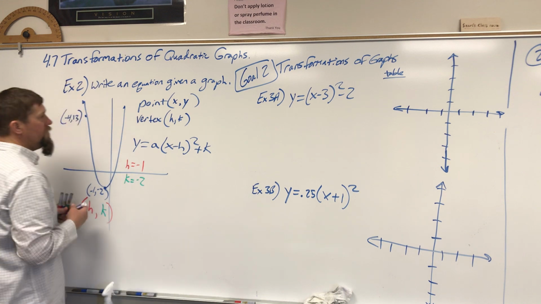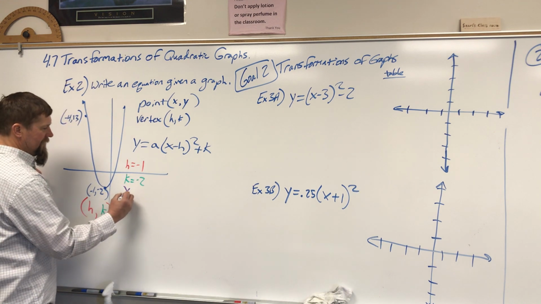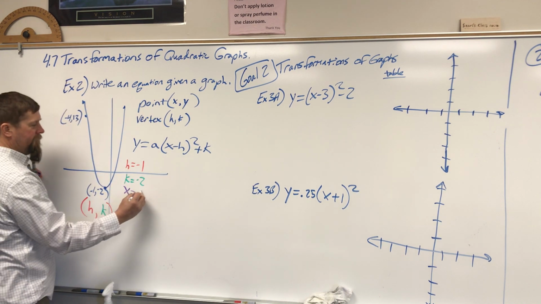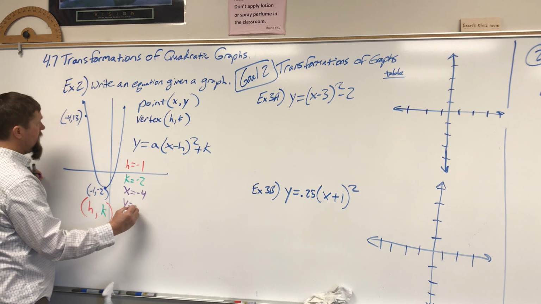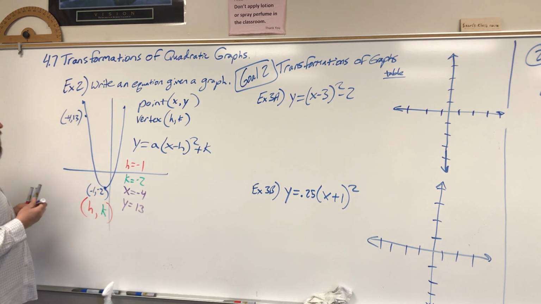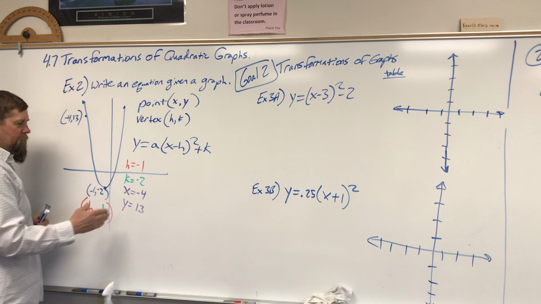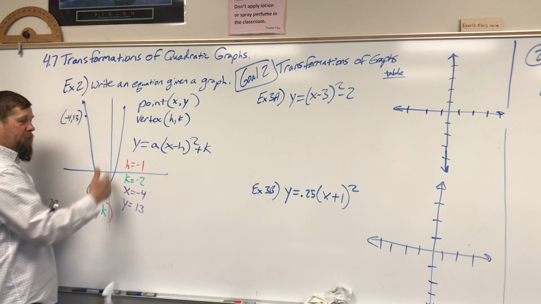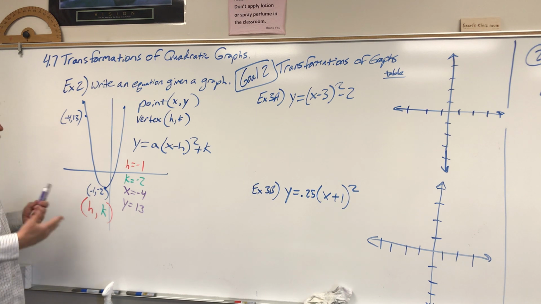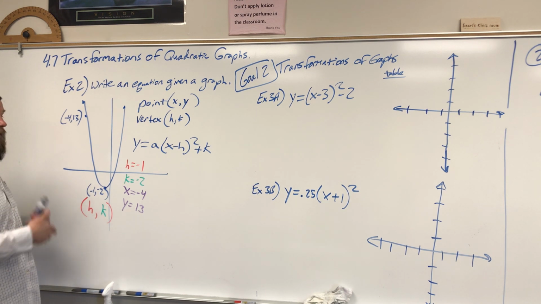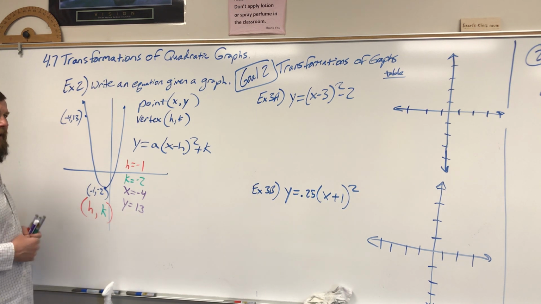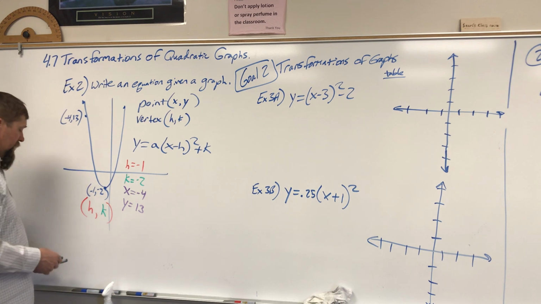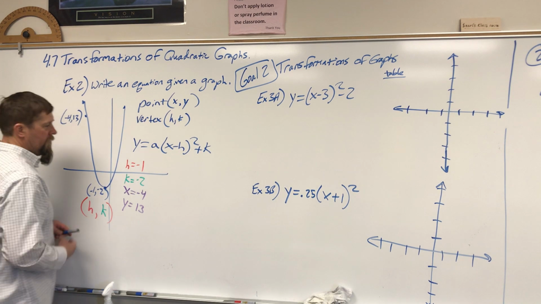However, we do know that x is -4 and y is 13. Now that helps us because there are 5 variables here. We know 4 of them. All we have to do is plug those 4 in to find a, because that's the only one we don't know.